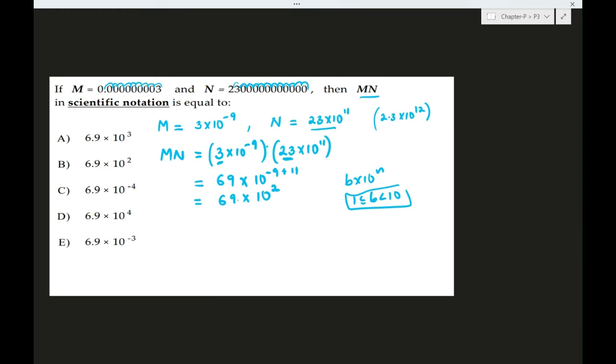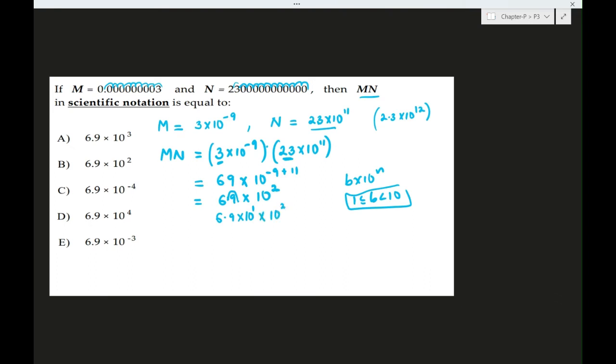In standard form, just assume that the point is here, so you have to move it 1. So this will become 6.9. So you have to move from right to left. And since you are moving from right to left, you know the power will be positive. So this is times 10 raised to power 1.